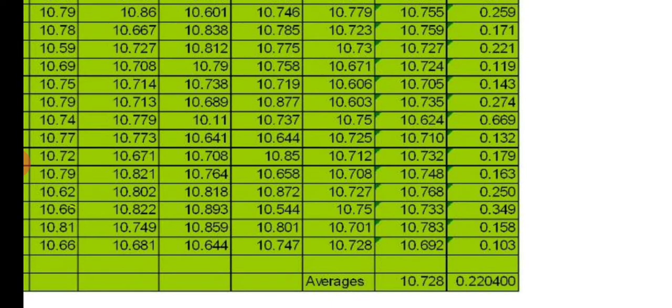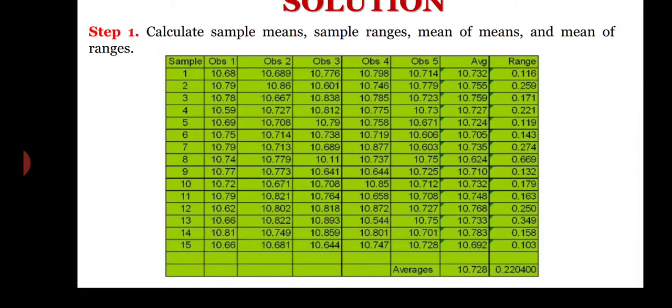This is what is required for going for the X bar and R chart.